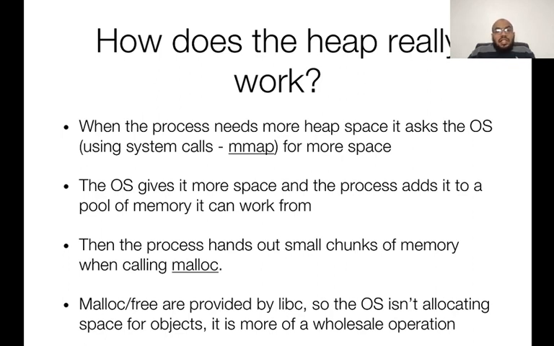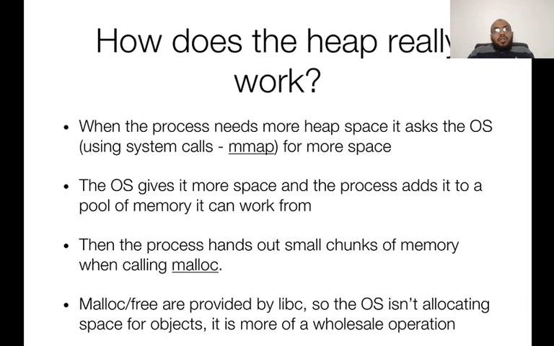When a process needs more heap space, it asks the operating system for more space using a call that is called mmap, memory map, basically. The OS will return more space as a pointer, and this space will be added to the pool of memory that the process can work on.